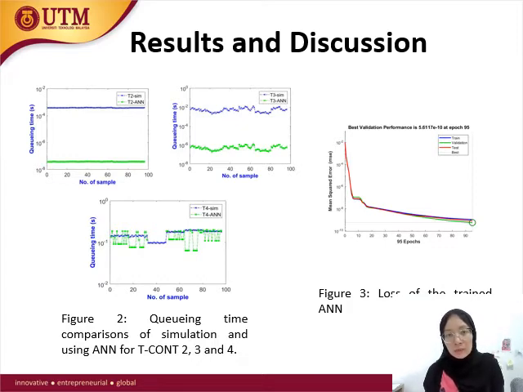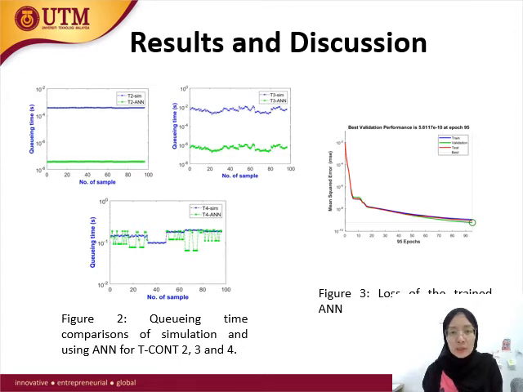However, the trend for trained ANN values follows the simulation of queuing time for TCON 3 and TCON 2. It can be highlighted from the results that at higher traffic load, or 0.9, it's more suitable to use a trained ANN with high traffic load range from 0.7 to 1.0 to achieve high prediction accuracy.